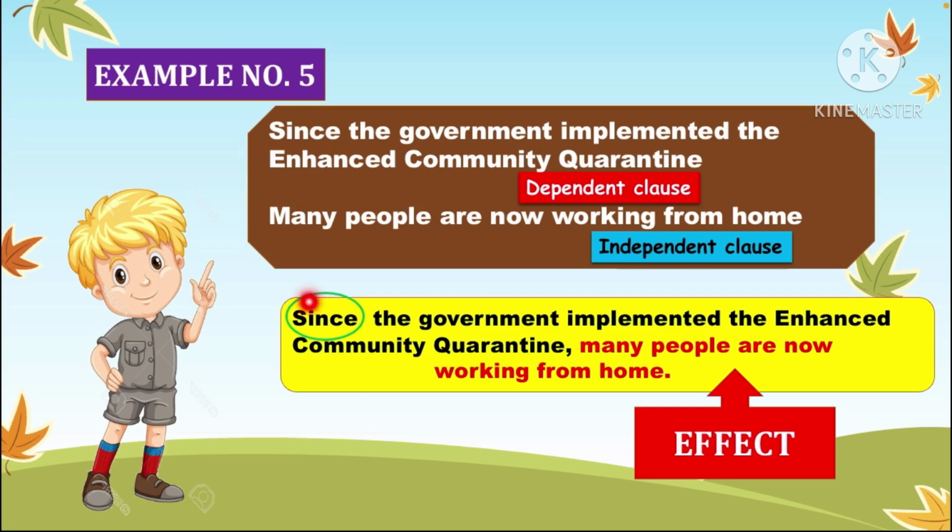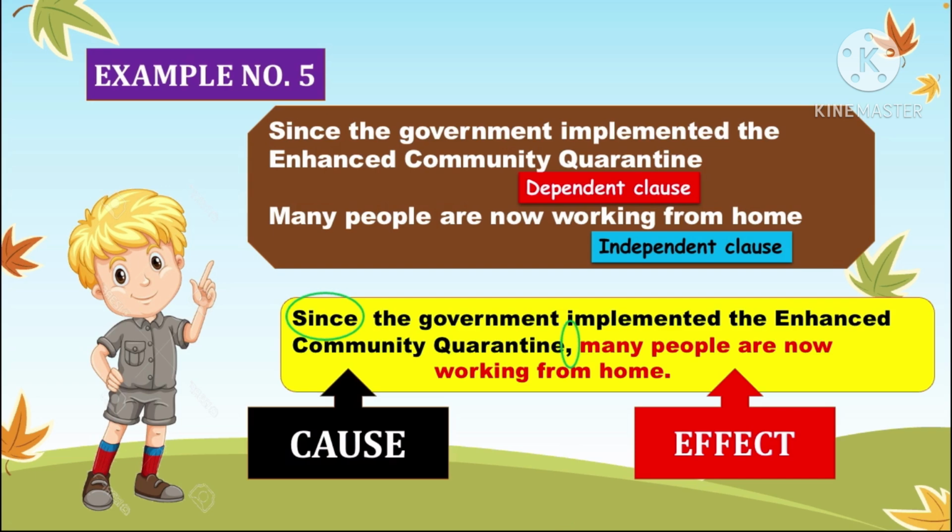We have the subordinating conjunction since at the beginning. That is why we put a comma to separate the two clauses. The cause is since the government implemented the enhanced community quarantine.